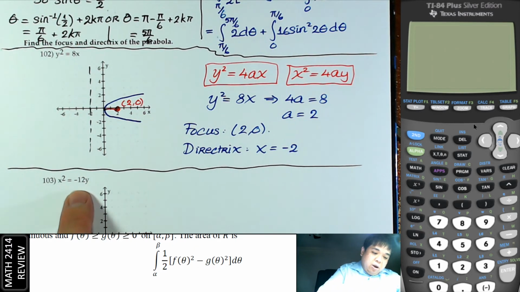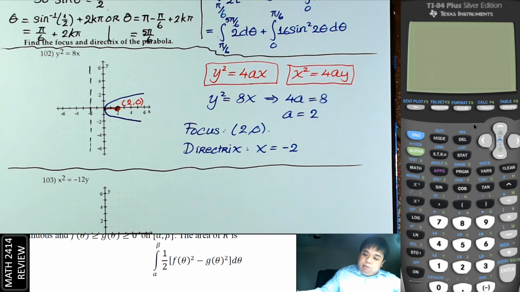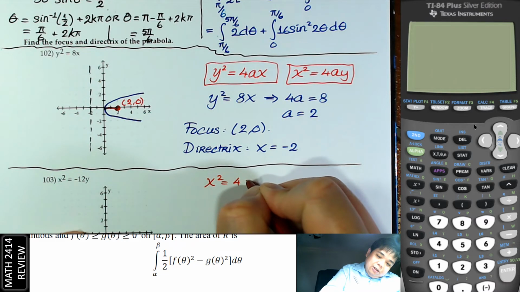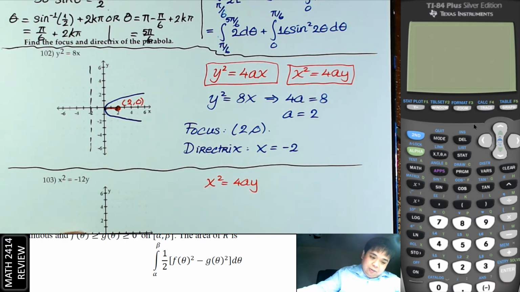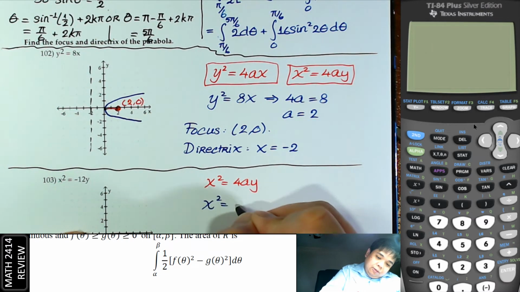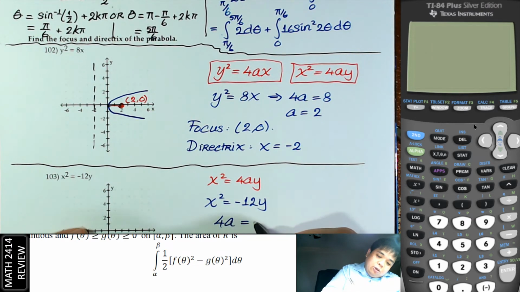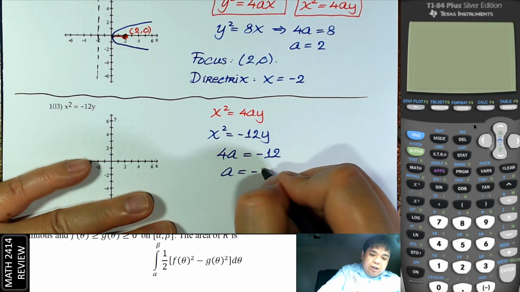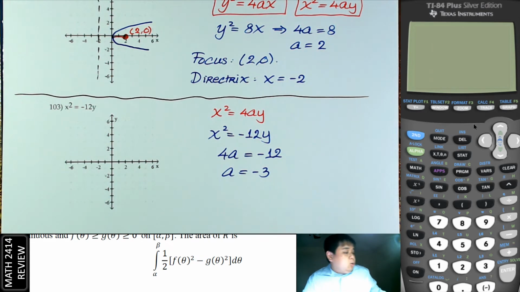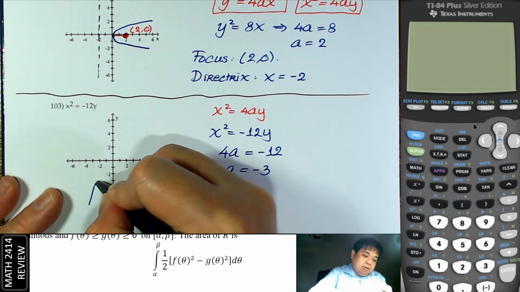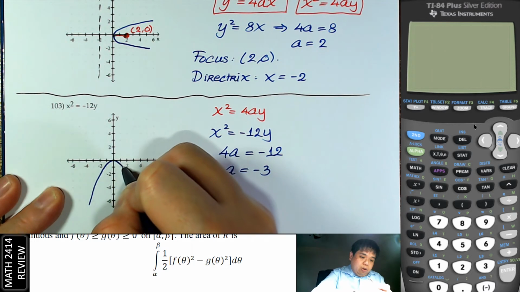Now this one, x squared = -12y, equal to 4ay. That is the form. So 4a is equal to -12, so a is equal to -3. Right, so for this parabola, x squared equal to -12y, x squared is always positive, and there's a negative, so y must be negative. So it opens down.